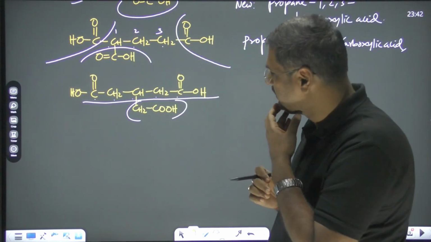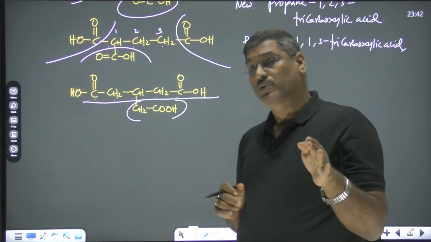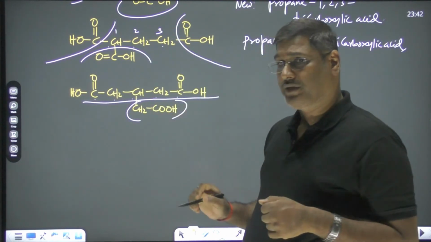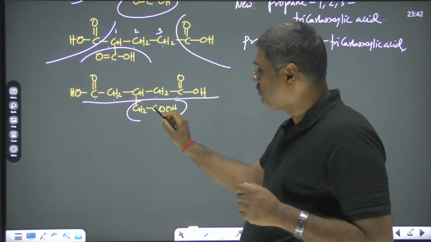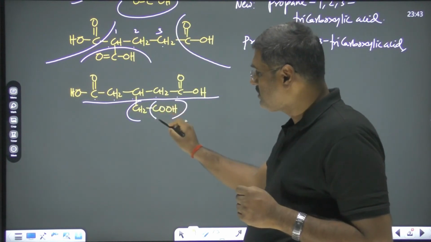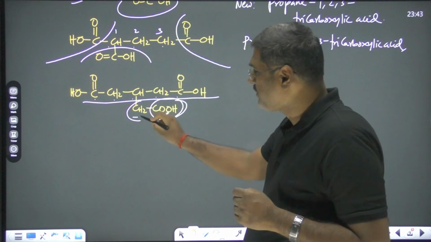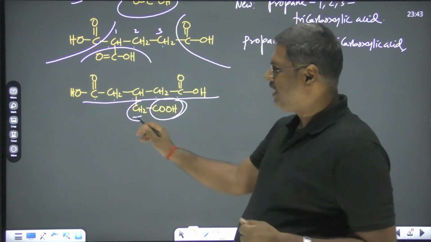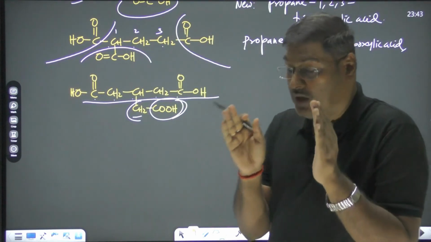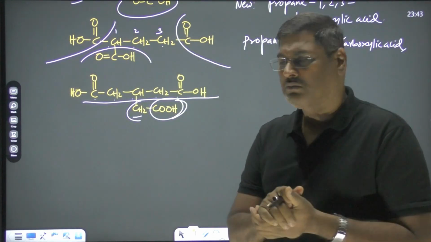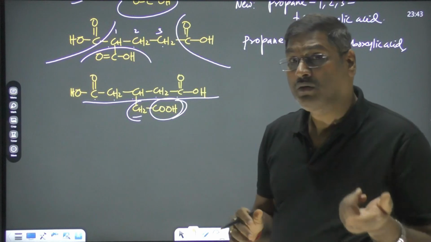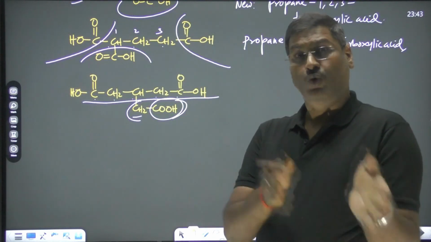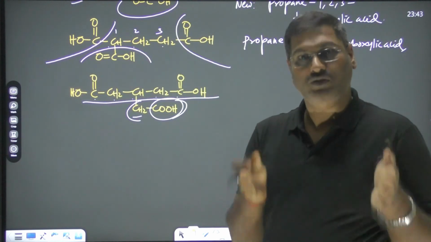Then the COOH group is not directly connected. This one is connected, and so carbon is connected. So here you have to consider this as the substituent. For example, if you have CH3 only, then methyl. If CH2Br, then bromomethyl. If CH2OH, hydroxymethyl.